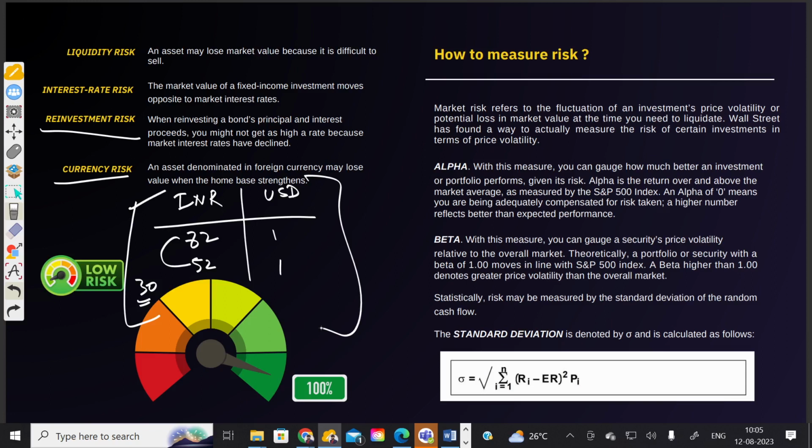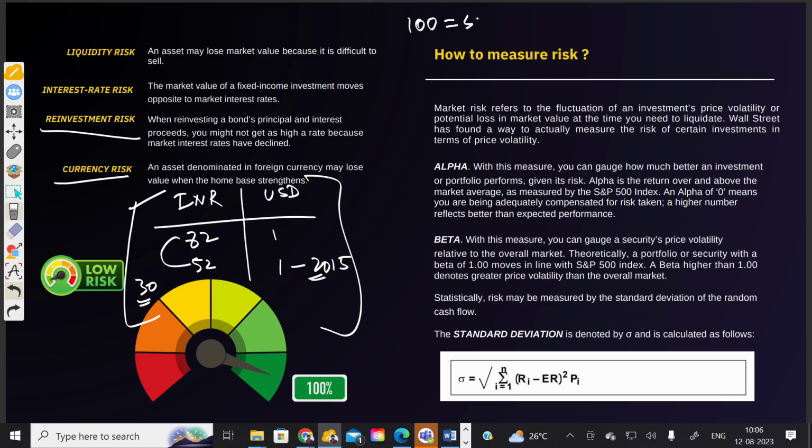For example, if you want to understand this currency example, you can understand it in a different way. Let's say you've taken a $100 loan in 2015. At that time, the dollar value was 52 rupees per dollar. So when you took the $100 loan, the Indian INR price was 52 rupees.